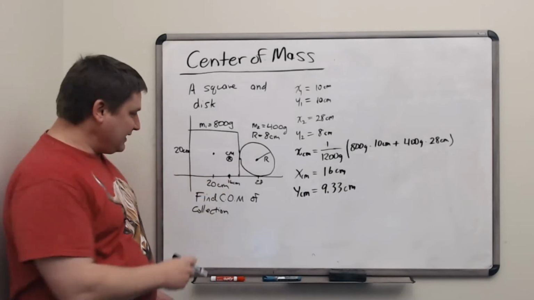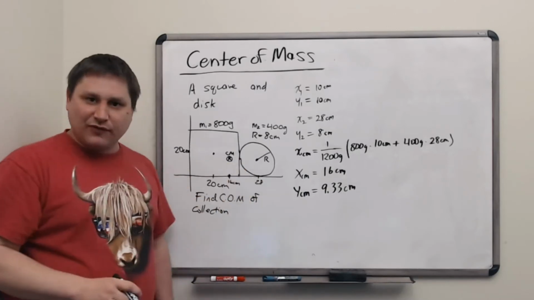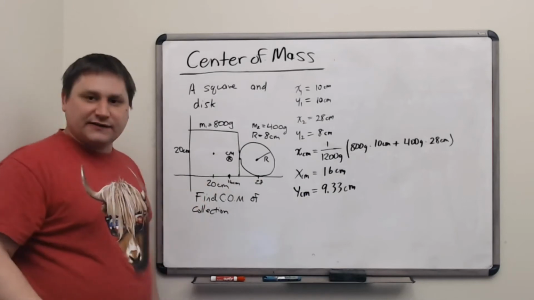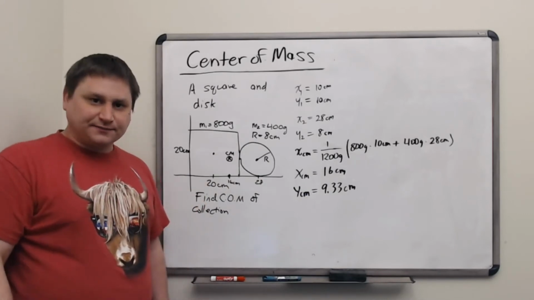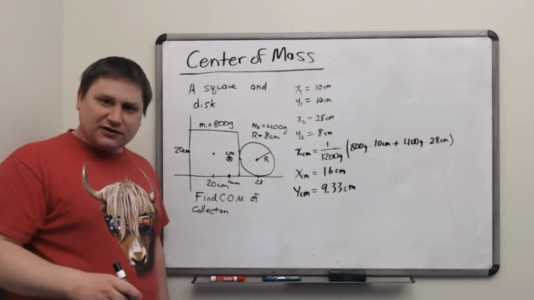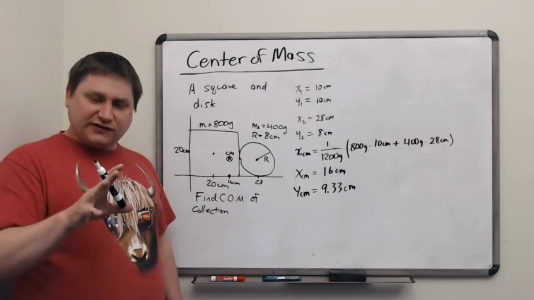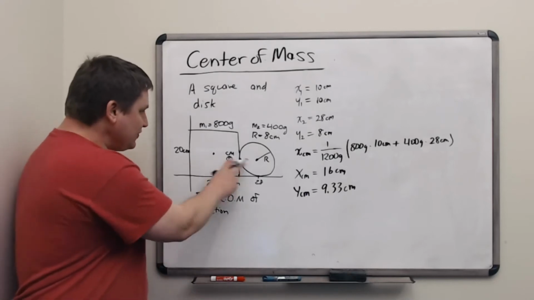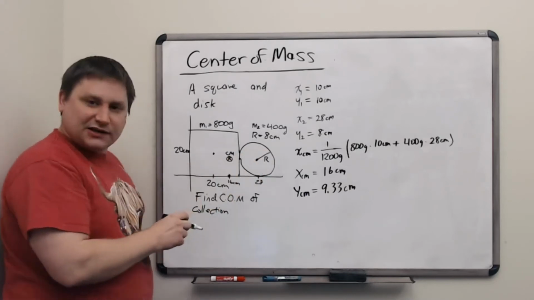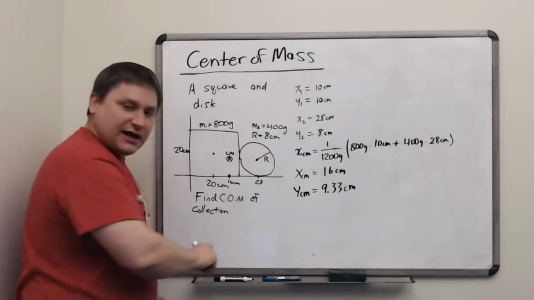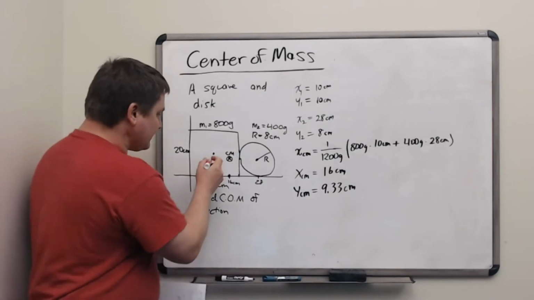And as we expected, it's kind of an average position of both of them, a little bit closer to the center of the object that's heavier. One additional thing that you can deduce from these formulas is that if you have just two objects that you're putting together, the center of mass will always lie along a line that joins their centers.